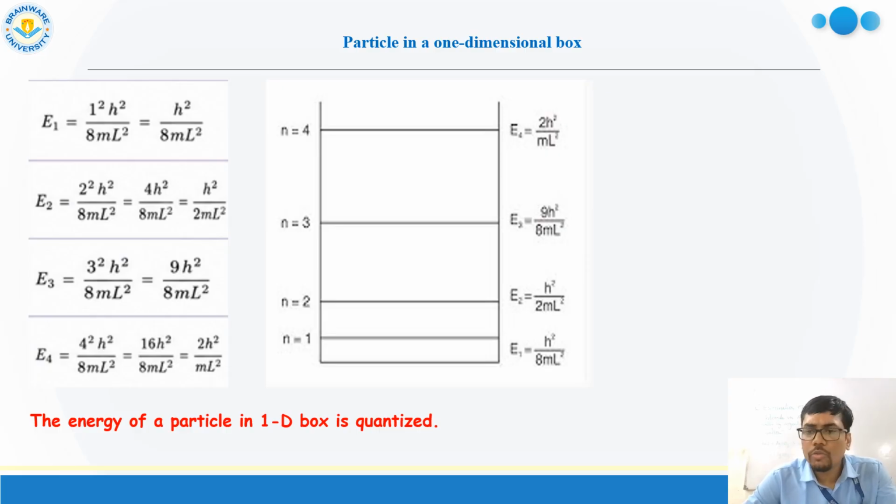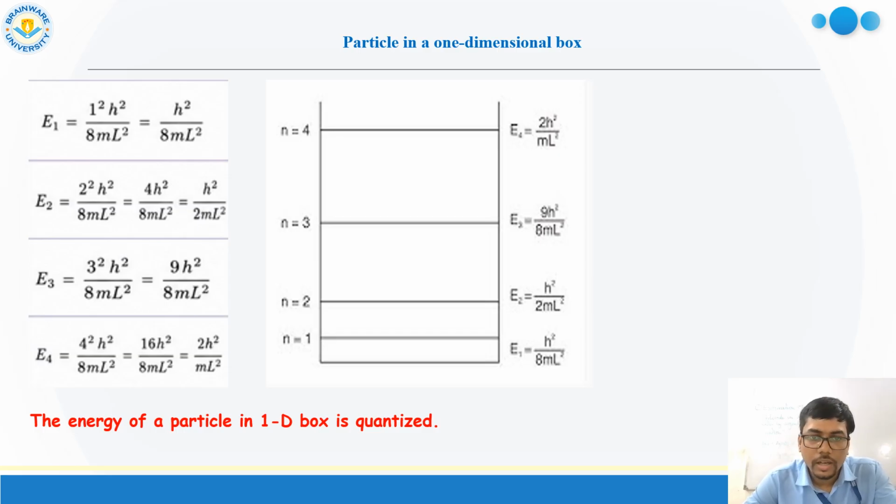Now if I want to find the energy of different levels, for the ground state you put n equals 1, and you get h square by 8 m L square. If you put n equals 2, you get the energy of the first excited state. If you put n equals 3, you get the second excited state, and if you put n equals 4, you get the third excited state, and so on.